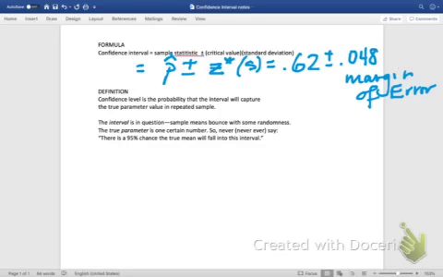So let's write that down, a little picture of what our research was trying to capture. Somewhere between 0 and 100%, we came up with a point estimate of 62%.